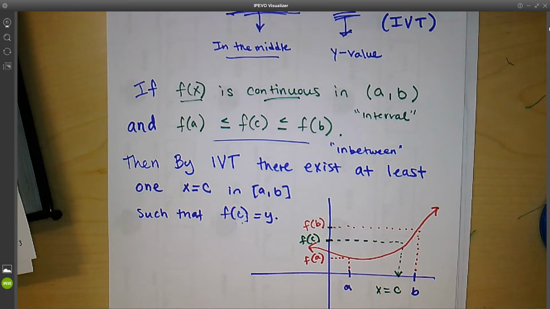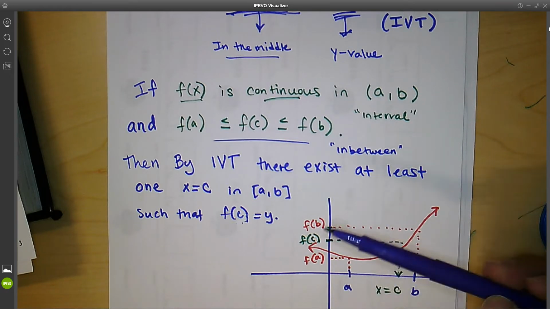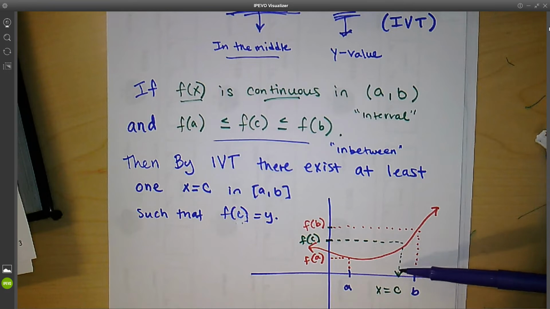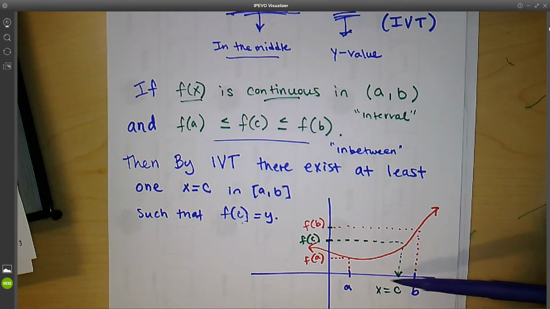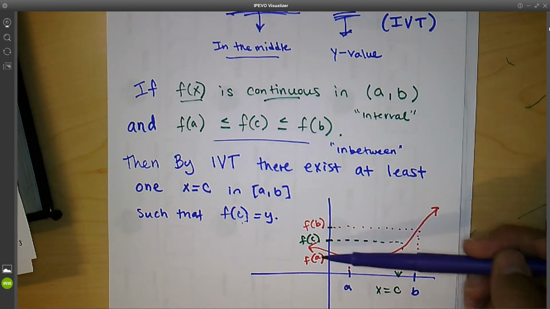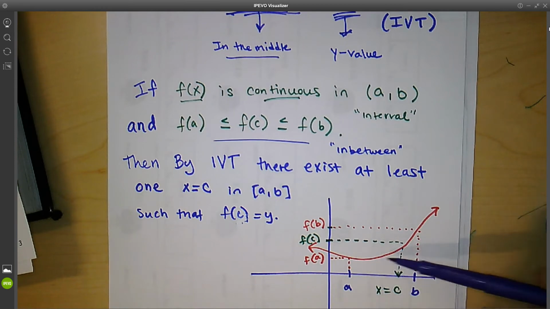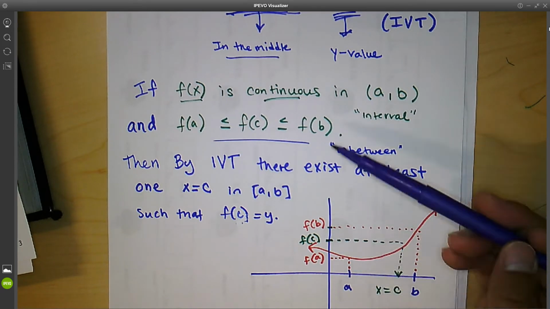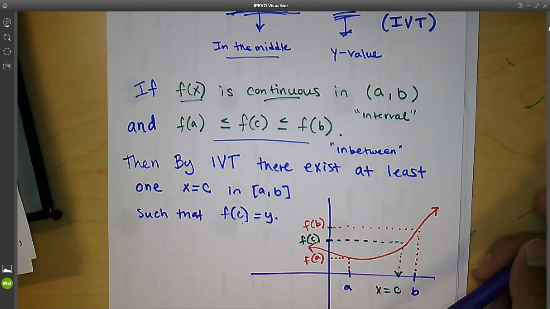Okay, so the theorem says if you know it's continuous, if you know that it is between the other values, there exists a time in between these two that will produce that result. These are the results, these are the times. But you must check to make sure it's between, and you must check if it's continuous.